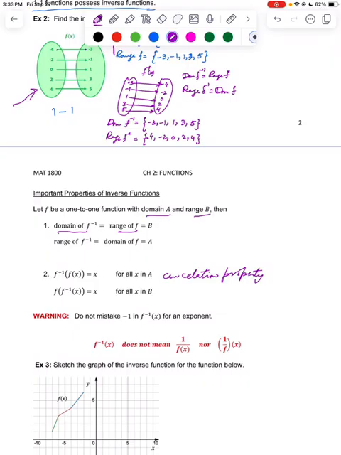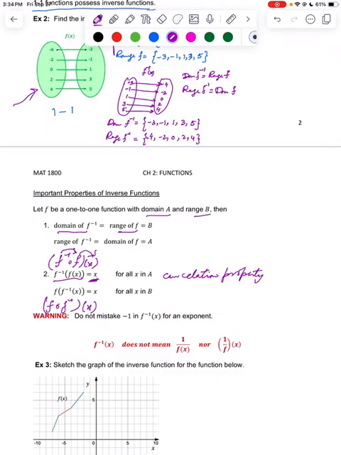So if you notice, this is the composition f inverse composed with f of x, and the other one is f composed with f inverse of x. What f did to its input, f inverse undoes, so we get back our x.